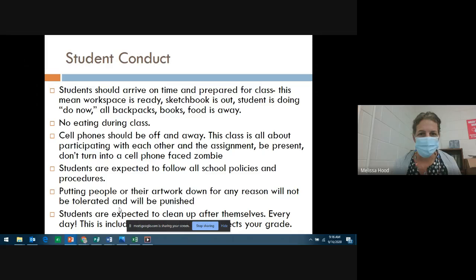Student conduct. This is just basically, come to class, be prepared, have a good attitude. There's no eating during class, so I just want you guys to also be reminded of that. I don't allow the students to use their cell phones, but they are allowed to use their phone to listen to music with their headphones, as long as I can't hear the music. So they've got to keep it at an agreeable level.